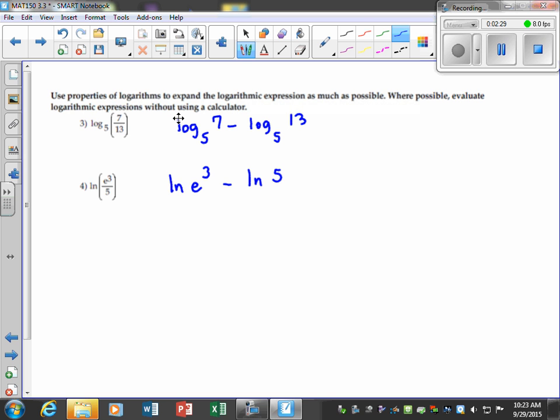Now, what did we say the known base is of a natural log if it's not showing? Good, very good. It's a known e right here. So with that in mind, what about this property? That simplifies to be just 3. Good. And we just have natural log of 5 over here.